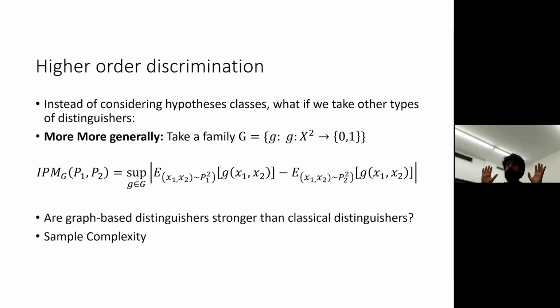So now what we did is we defined this new framework for discrimination, or for constructing discriminators. We will call these graph-based distinguishers because they are based on graphs. And now you have two very natural questions. First is, how strong is it? Is it really that different?